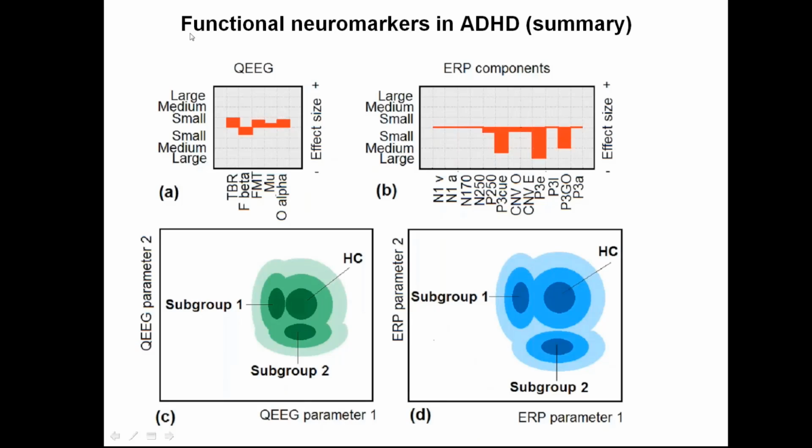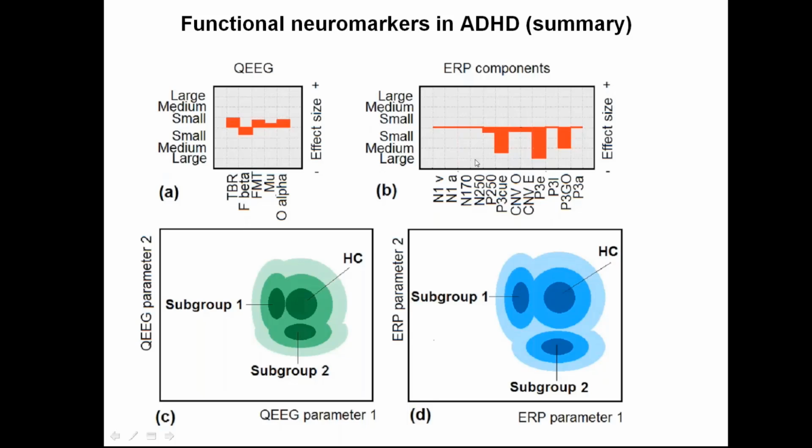Here I present the functional neuromarkers in ADHD, the summary of functional neuromarkers showing the effect size of differences between healthy controls and ADHD in the QEEG domain: the theta-beta ratio, frontal beta activity, frontal midline theta, mu rhythm, occipital alpha.